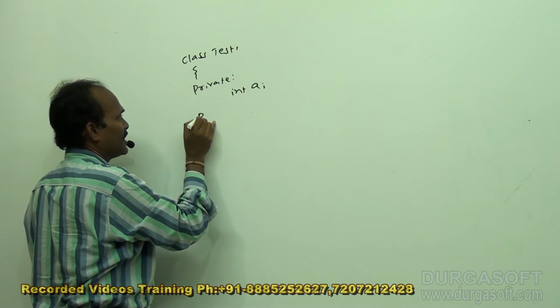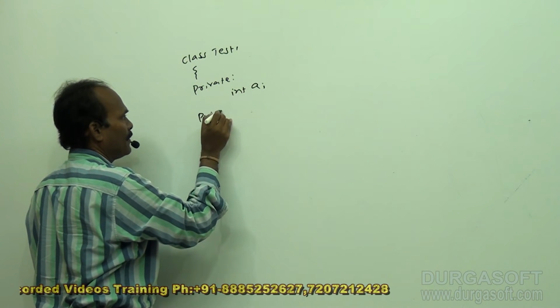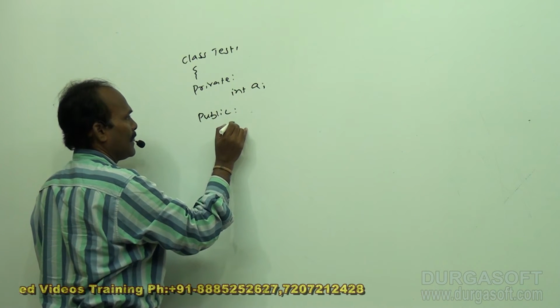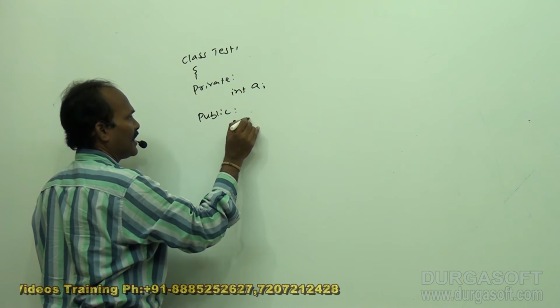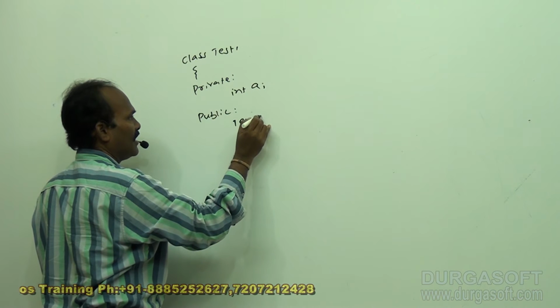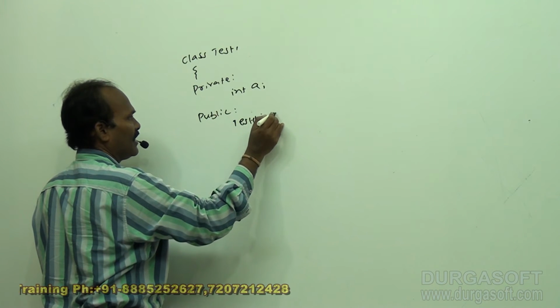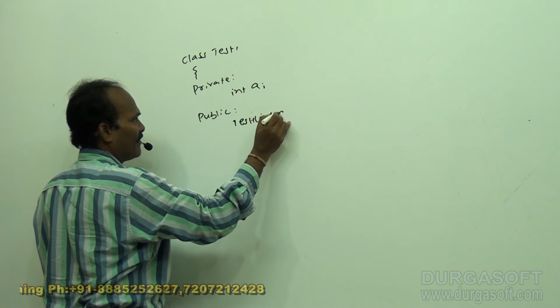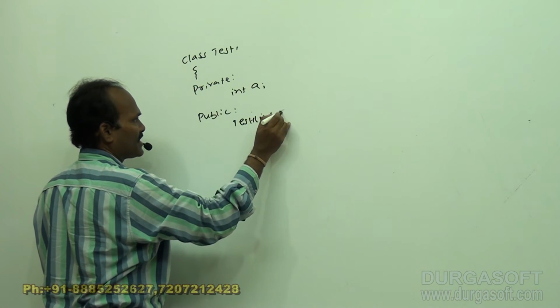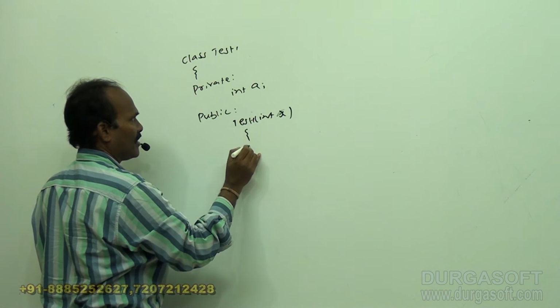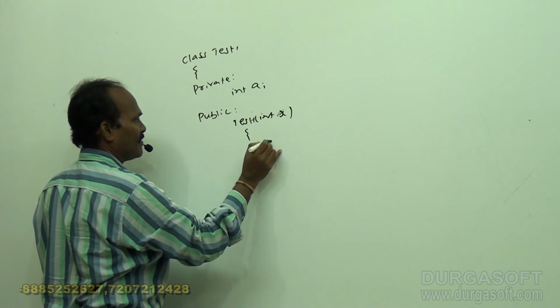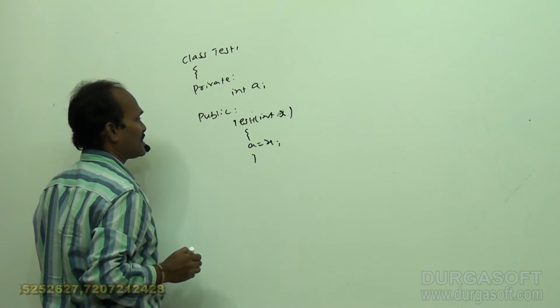In the public section, I am going to define the constructor test1, which is taking an argument int x. Now a value will be assigned as x value. Very simple example I am giving.